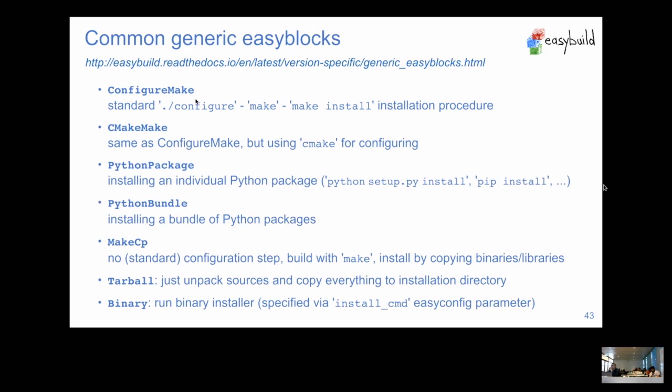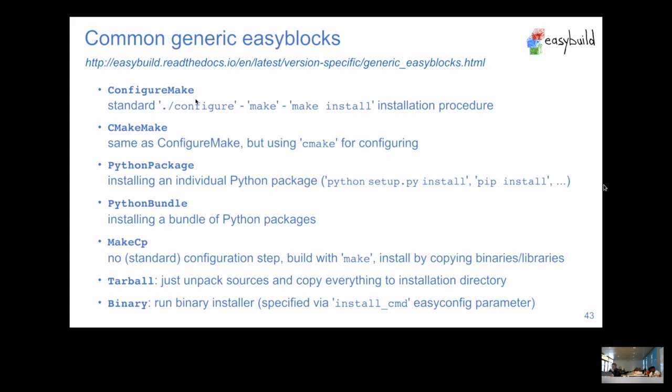Lots of bioinformatics software only has a makefile and doesn't even have a make install target. So for this we have the MakeCp easyblock, where you can skip the configuration step quite easily, just run make and then copy out some binaries and libraries. And then a bunch more easyblocks.